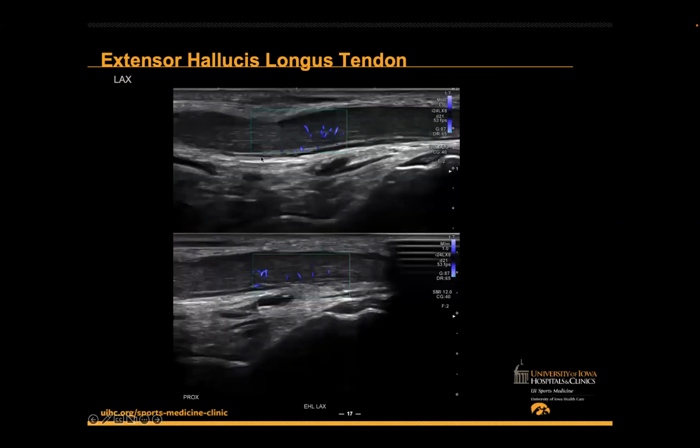We then put Doppler onto this area, and again re-demonstrated a moderate level of intratendinous Doppler. The thickened portion is followed proximal and distal for a distance of about 1.2 centimeters. So this is good. It's always good to confirm intratendinous Doppler in two orthogonal planes.